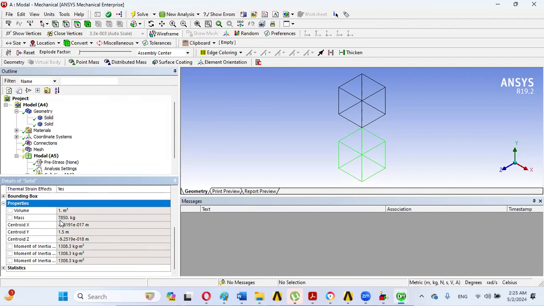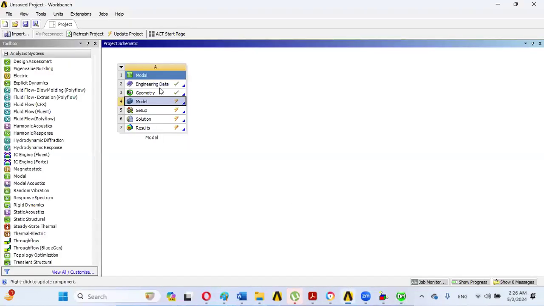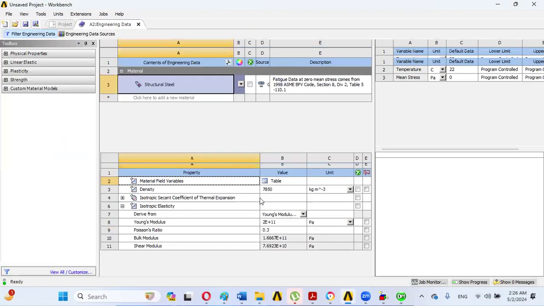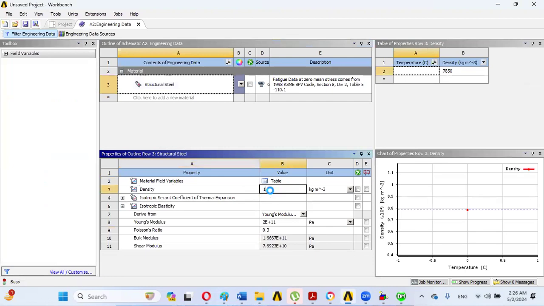So it means the density must also be 1, because the density is mass per unit volume. If we assume the mass to be 1 kilogram and the volume is already 1, so 1 by 1, that means the density that we can input here in the engineering data is simply 1.